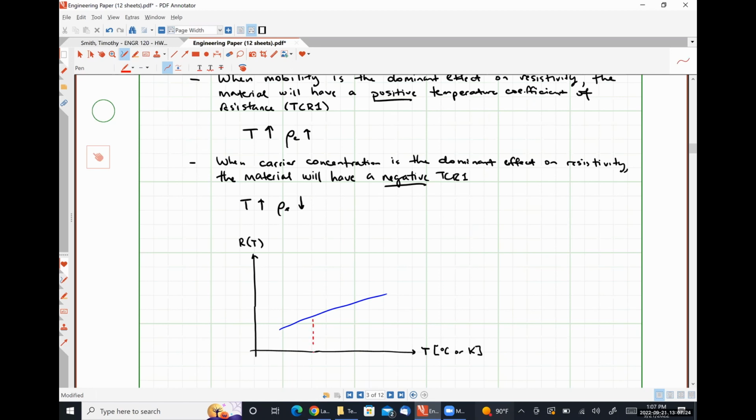So at this critical temperature T0, we have some specific resistance, which we are going to call R of T0.